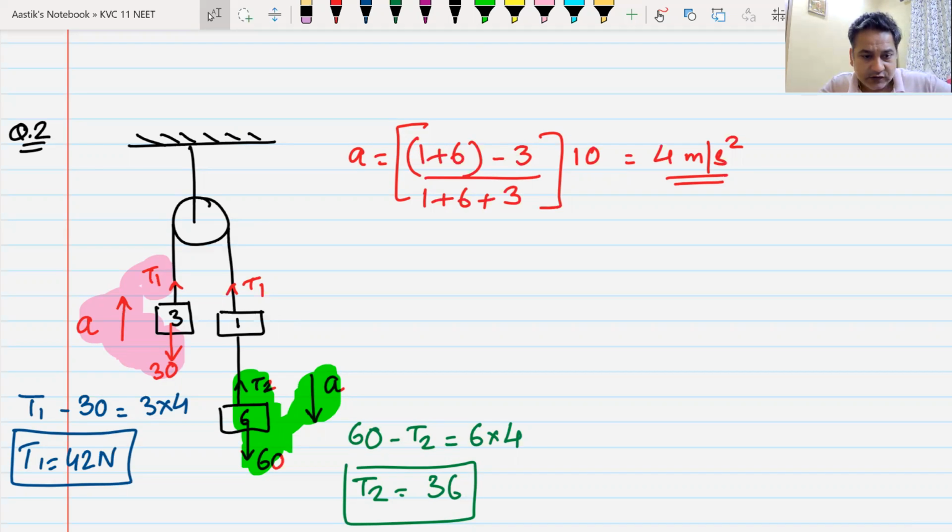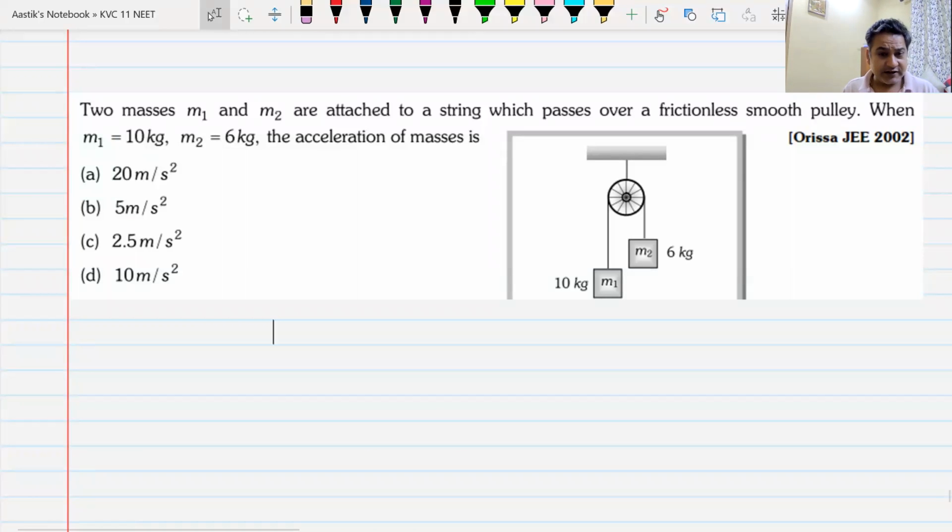Let me see if I have a question here. Okay, this is the one. This is taken from an engineering exam, but I hope you are good enough to solve it in the medical field as well.